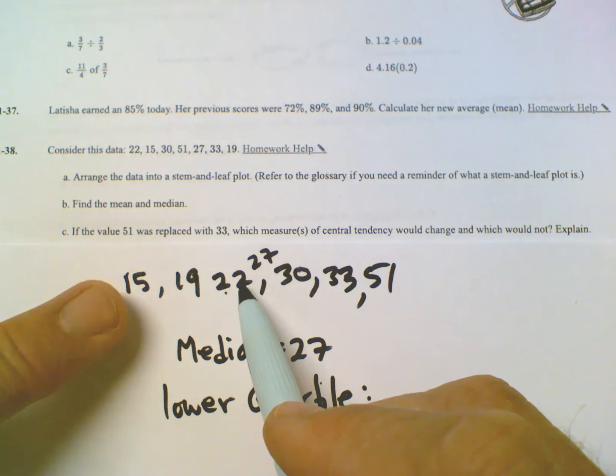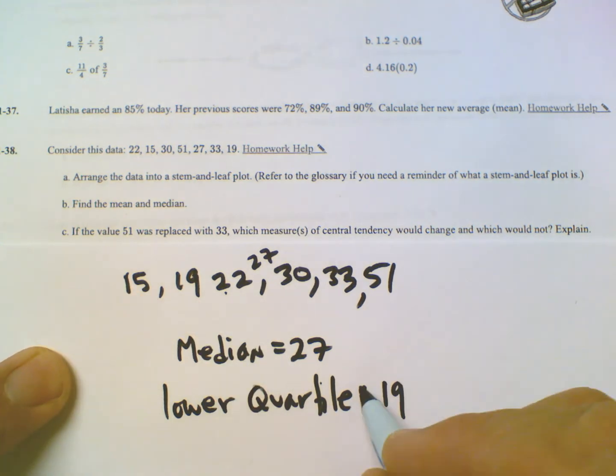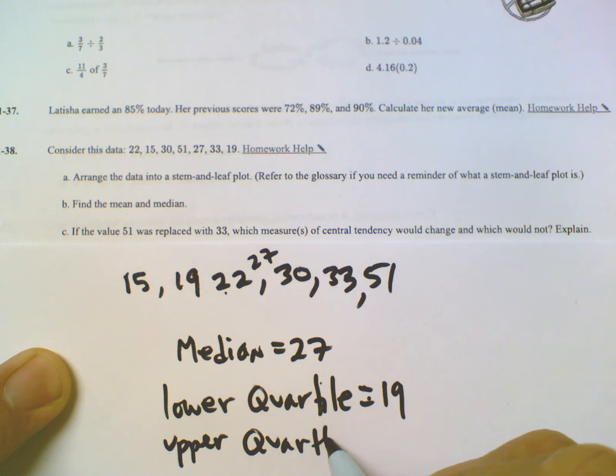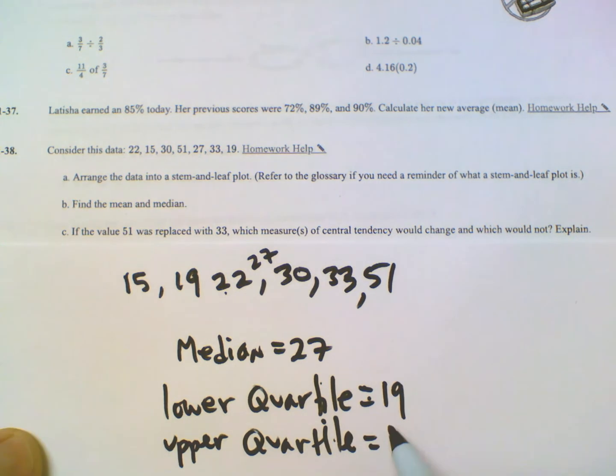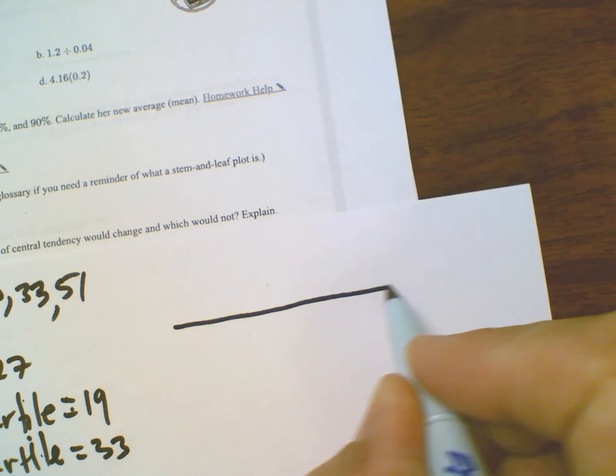So lower quartile, you take the bottom half and go to the middle of the bottom half, it would be 19. My upper quartile is 33.